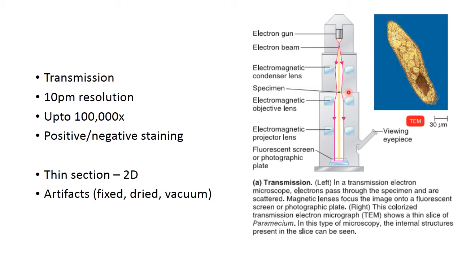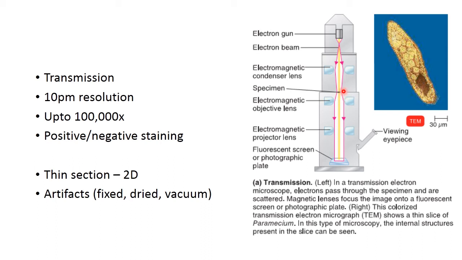The electrons pass through the specimen, and upon interaction with the specimen, they are deflected. These electrons are then collected by another electromagnet. This electromagnet is the objective lens. It collects the information in the form of the electrons which are deflected from the specimen. Some electrons would be able to pass through the specimen, others will be deflected by the specimen.